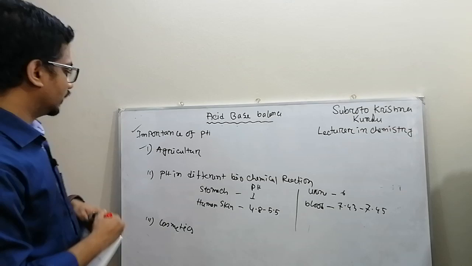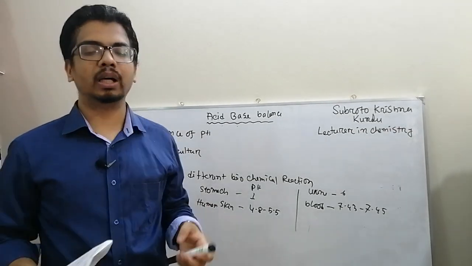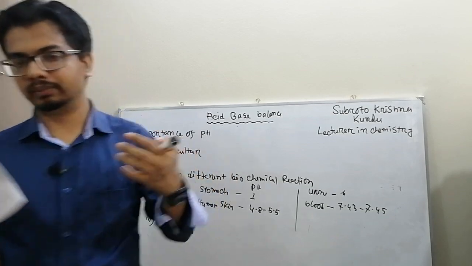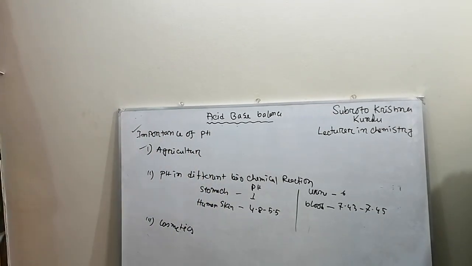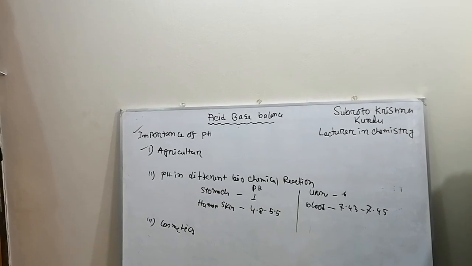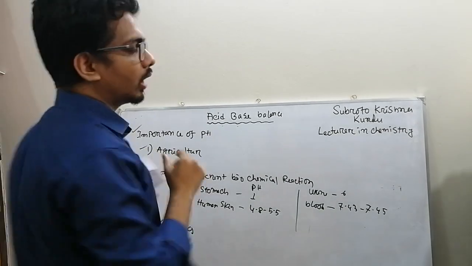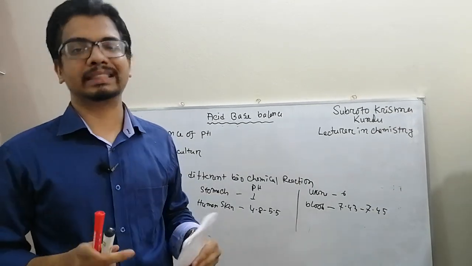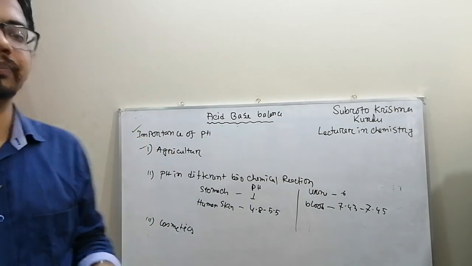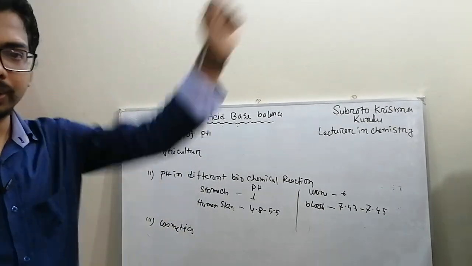Then pH in different biochemical reactions in our body. In our body many chemical reactions occur in acidic medium or basic medium. We have to know some pH values in those reactions.